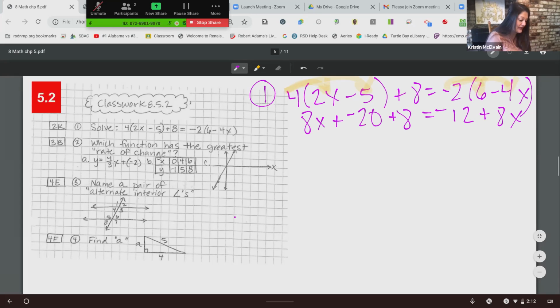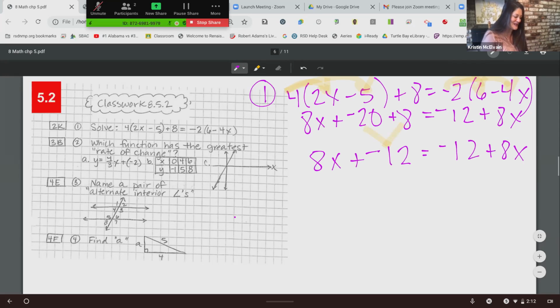Now we have to combine like terms. So when we look at this, a little highlighter. So right here, I have a -20 and a positive 8 that can be combined. Brings us down to 8x plus the -20 is bigger. So we are going to have -12 equals -12 plus 8x.